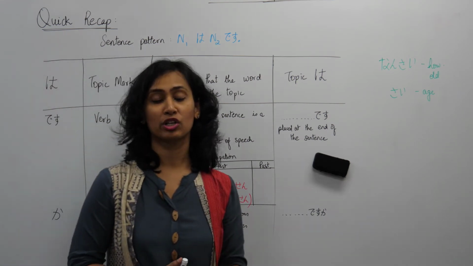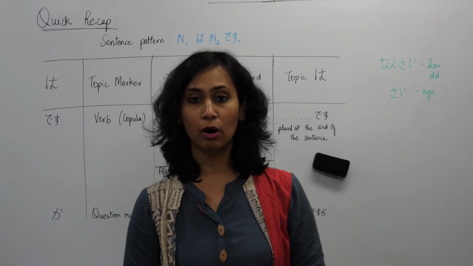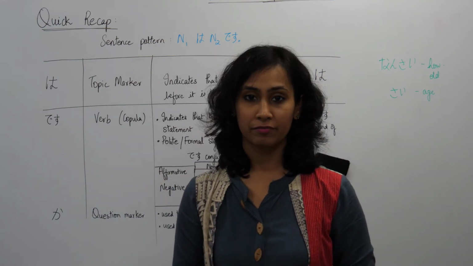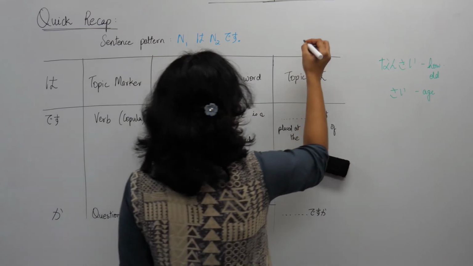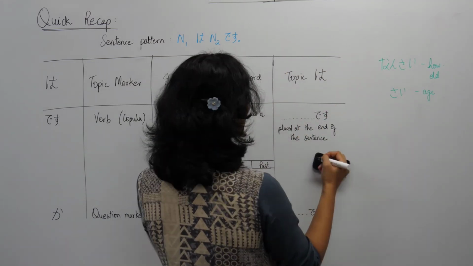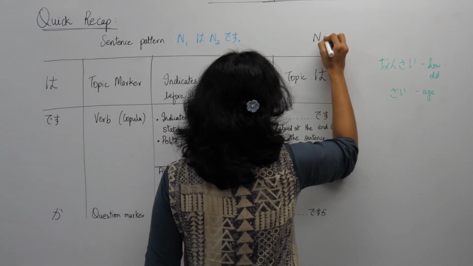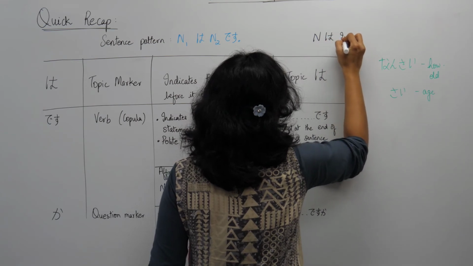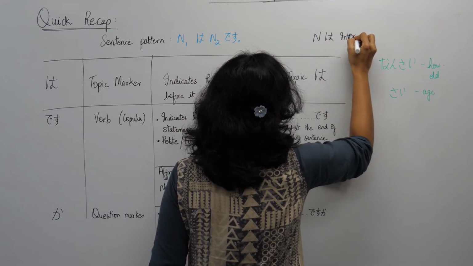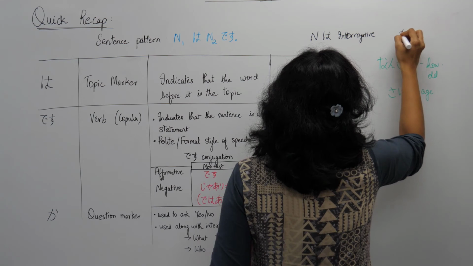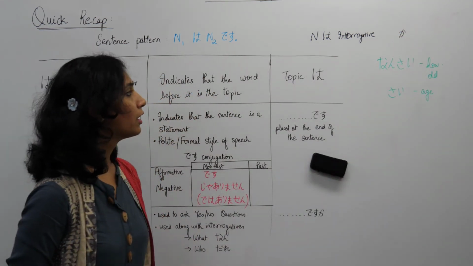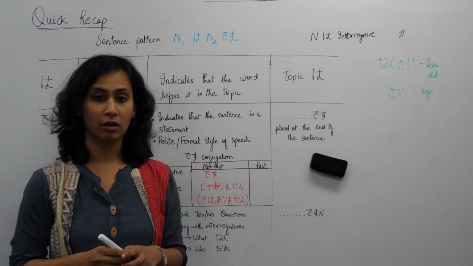And the second question type which we had learned was about questions with interrogatives, where the interrogative is placed, and finally it ends with ka. Two interrogatives we've learned.